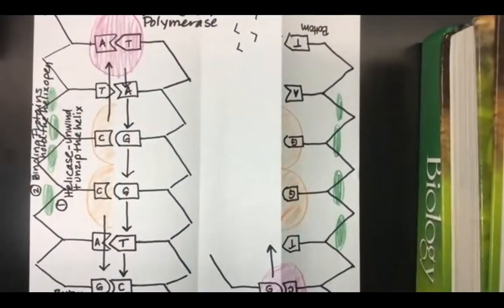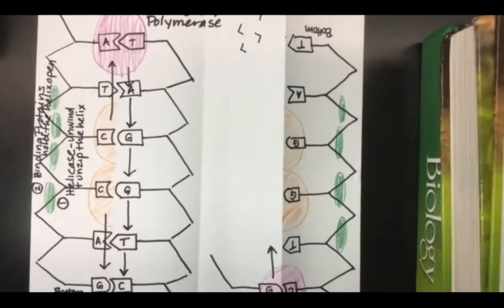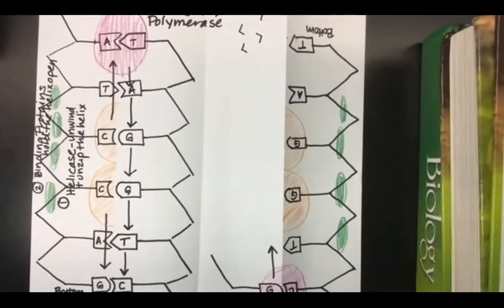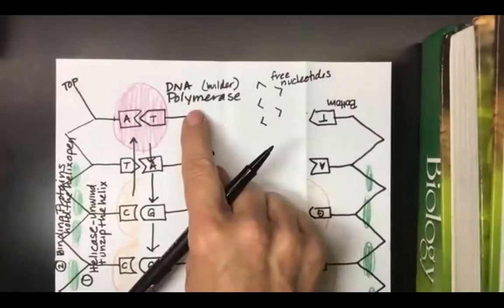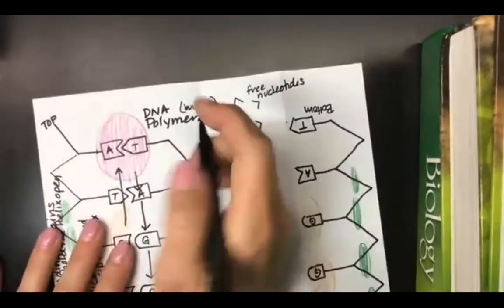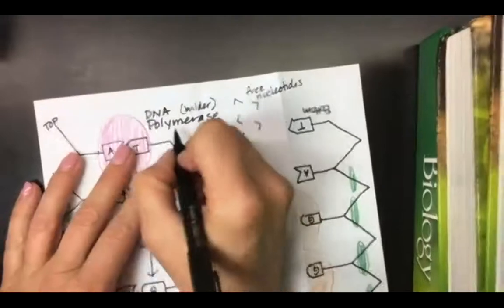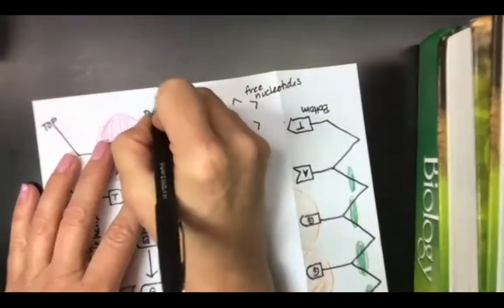Now, it would not be biology if there wasn't a twist. There is a twist here. This is the basic portion that we have here. Oh, you know what we need to do? We need to write down what's happening here. So our DNA polymerase, what is it doing? This is step 3.